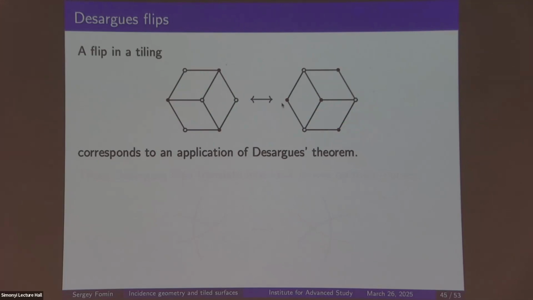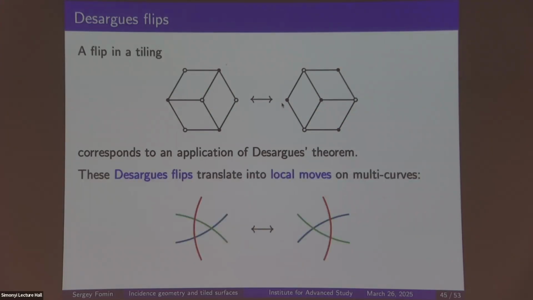This is an application of Desargues. What does it correspond to in the language of medial curves? It corresponds to a Yang-Baxter move. That's easy to see. Okay, or Reidemeister 3. So these are curves that don't go above and below. They're just drawn on the surface.